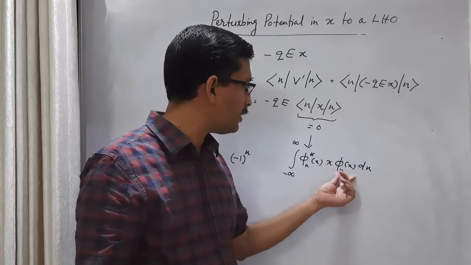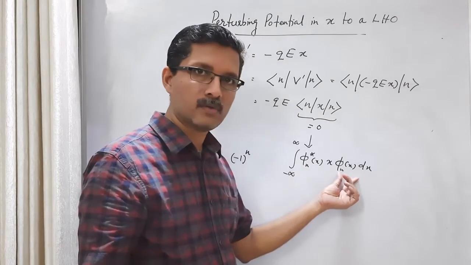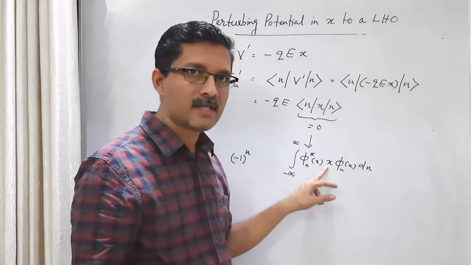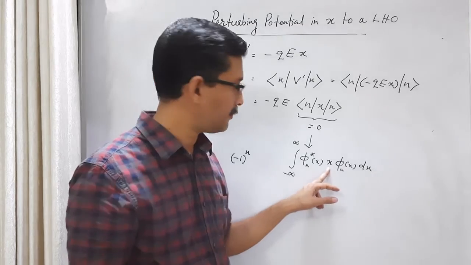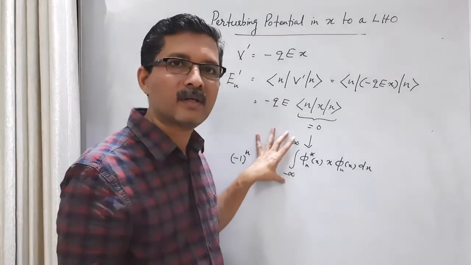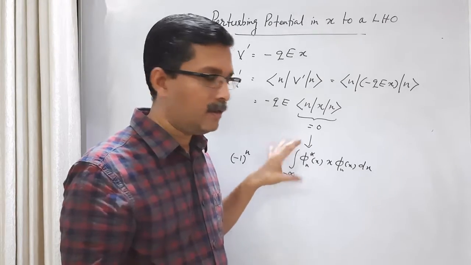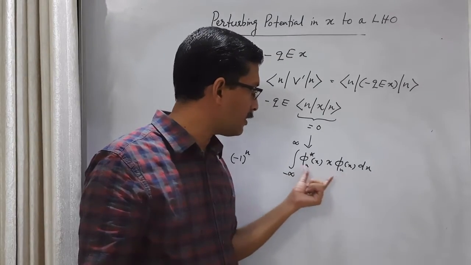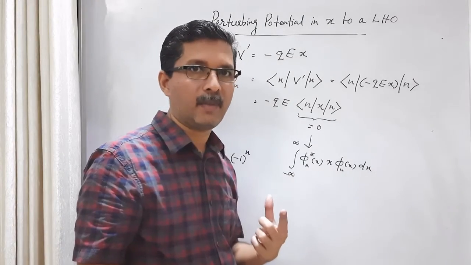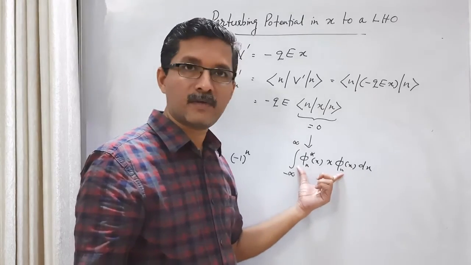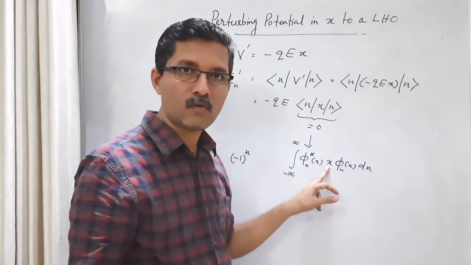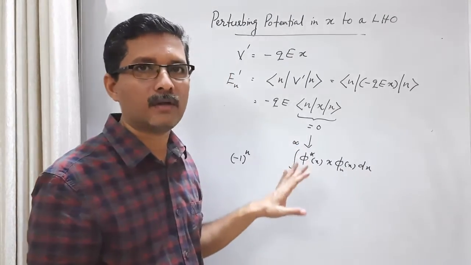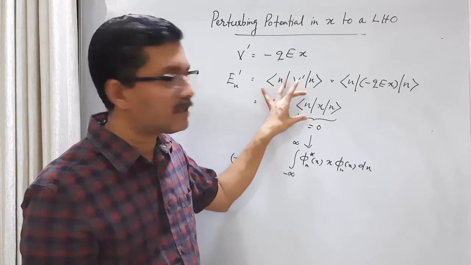So φ_n* is even and φ_n is also even, so φ_n*φ_n has even parity. What is remaining here is x, which has odd parity, an odd function. An odd function integrated between symmetric limits always gives 0. On the other hand, if n is odd, both have odd parity, and two odd parity functions multiplied give even parity. So again φ_n*φ_n has even parity, what is remaining is an odd function, and the result is 0. Using this coordinate representation, you can argue that this matrix element will always be 0.